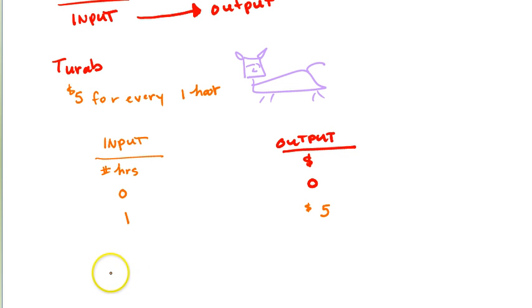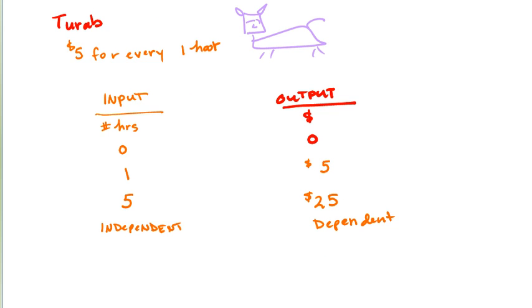Now for every input that I suggest, there will be exactly 1 output, because it's dependent on how many hours Turab babysits. So let's say Turab babysits 5 hours. Then he would make $25. So in a way, I can call this my independent and my dependent. This is an example of a relation.